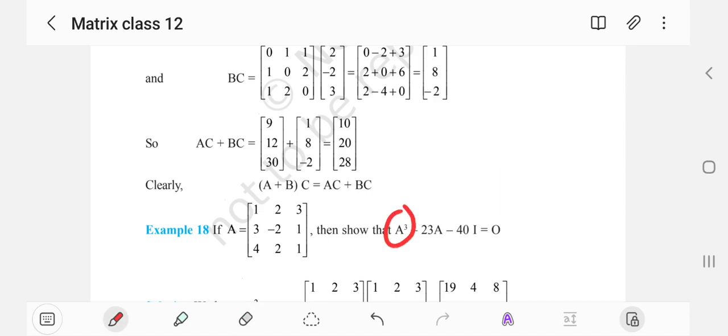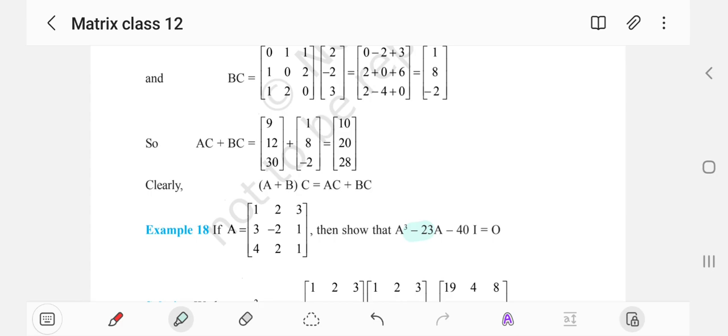Now we will find minus 23A. What is this? This is the multiplication of a matrix by a scalar. I have explained how we multiply a matrix with a scalar. In case of multiplication of a matrix by a scalar, we multiply each and every entry of the matrix with that scalar. What is the scalar here? It is minus 23. You can easily multiply.